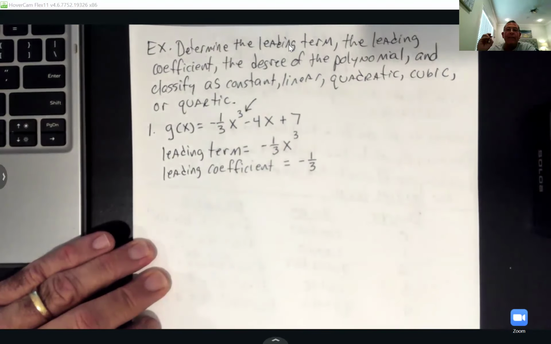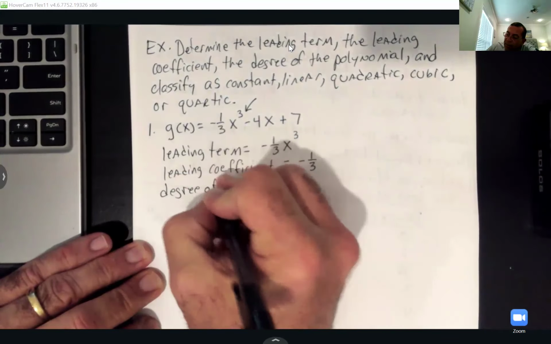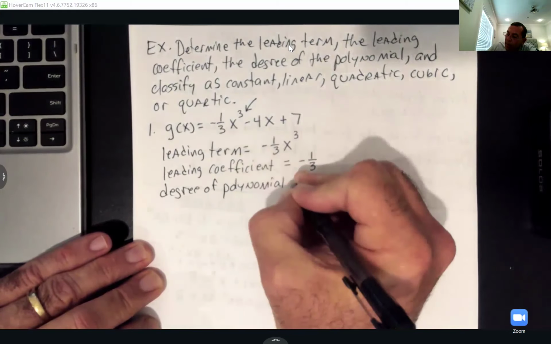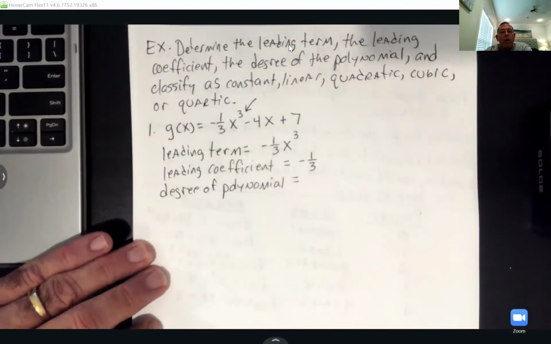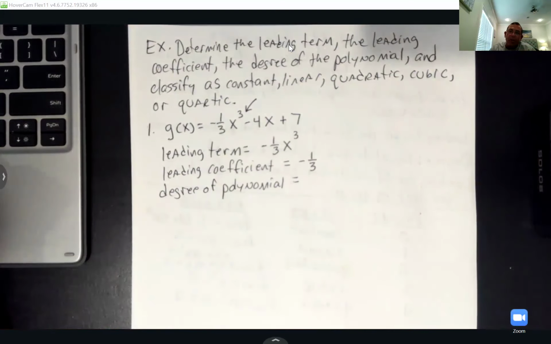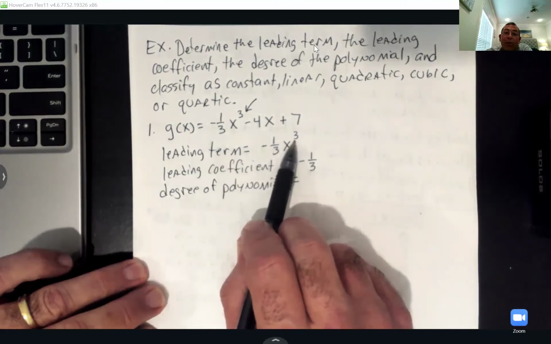All right, y'all, what they want next? The degree of the polynomial. Well, we said a while ago the degree of the polynomial was equal to the highest exponent of that polynomial. So the highest exponent is in the leading term because that's why we chose it.